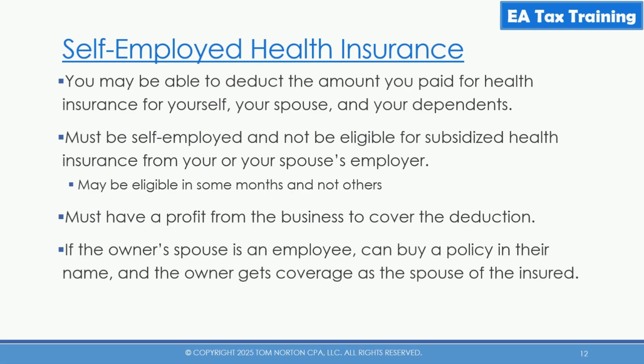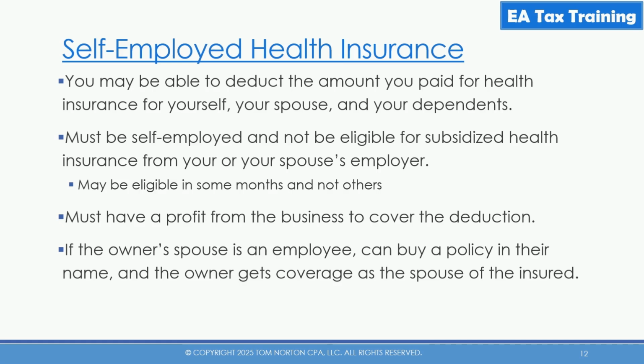So as a reminder of how the self-employed health insurance deduction works, you must be self-employed and not eligible for subsidized health insurance from your or your spouse's employer. So if you've got a regular job and this is a side business and you can get subsidized health insurance through your employer, then you cannot take the self-employed health insurance deduction.